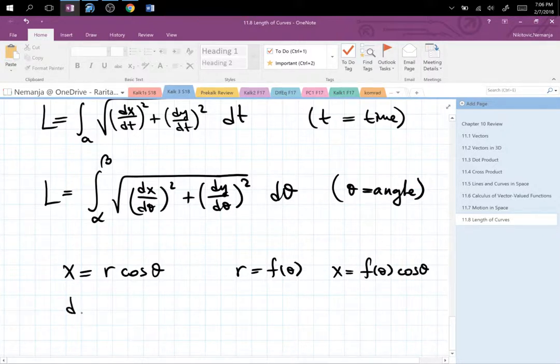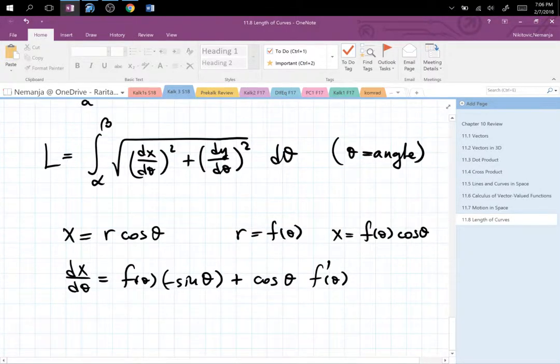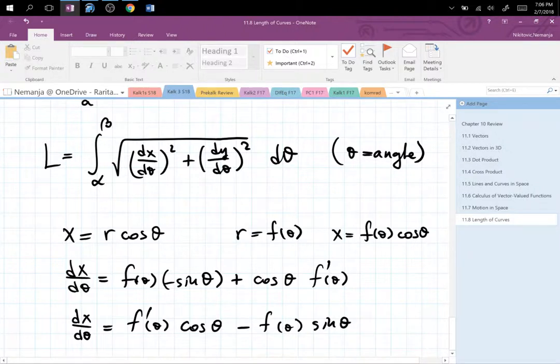So what's dx d theta? Dx d theta is the product rule of these. Copy the first times the derivative of the second plus copy the second, cosine theta, times the derivative of the first, which is f prime of theta. So we have that dx d theta is equal to f prime of theta cosine theta minus f of theta sine theta.